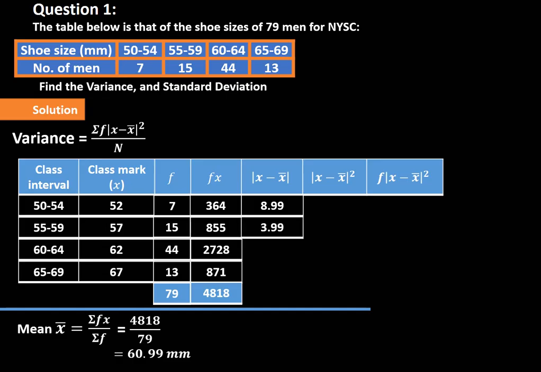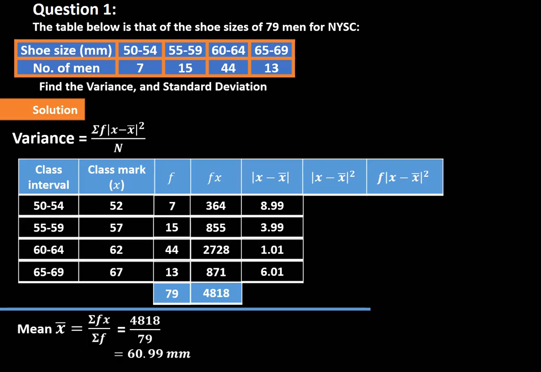So the next one is 3.99. That's 57 minus 60.99. So it will result in negative 3.99. I'm going to neglect the negative. Now the next one is 62 minus 60.99. That one is not giving me any negative. So I'll just report the value just like that. So that's 1.01. Then the next one is 67 minus 60.99. That's 6.01.